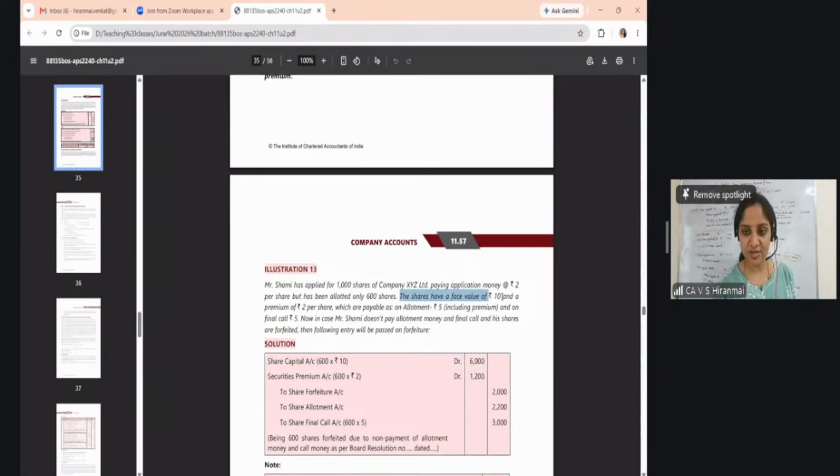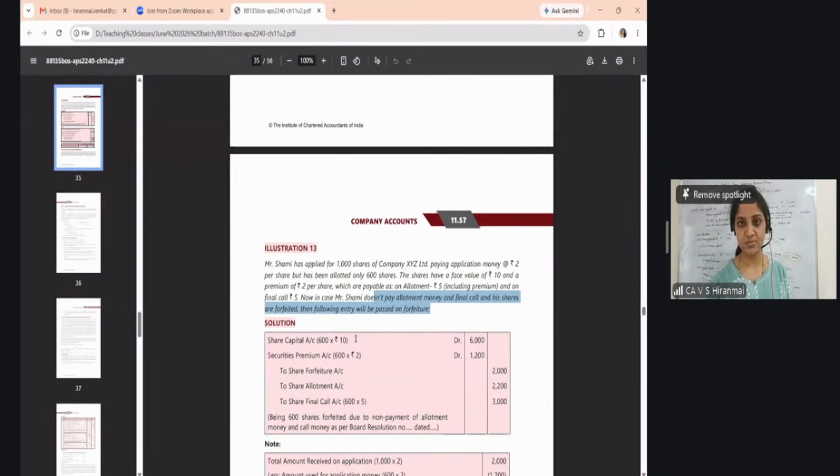The shares have a face value of 10 and a premium of 2 rupees, payable as allotment, 5 rupees including premium, and on the final call 5. Now, in case Mr. Shami does not pay the allotment money and final call, his shares are forfeited. Then how will you pass this particular entry?